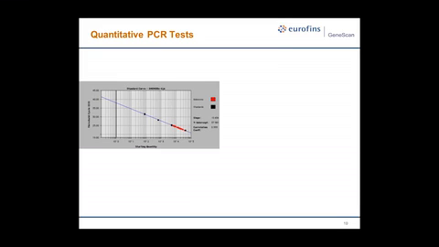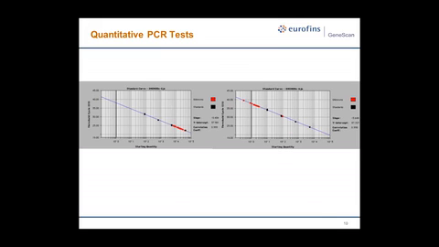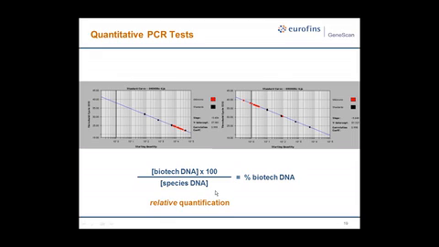So as I said earlier, this is really 2 different tests. One is for the plant genome, the other is for the biotech gene. What you end up with, because what people are interested in is percent GM, is a ratio between the species DNA and the amount of biotech DNA. This is a relative quantification.